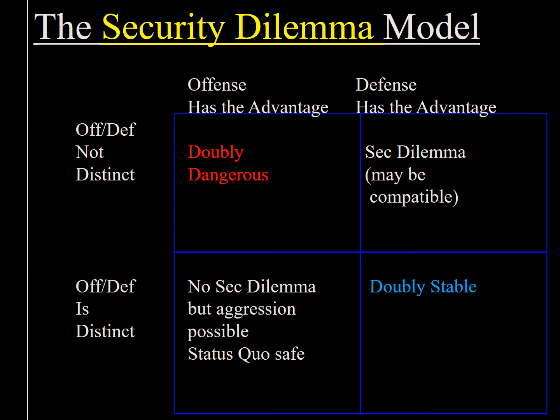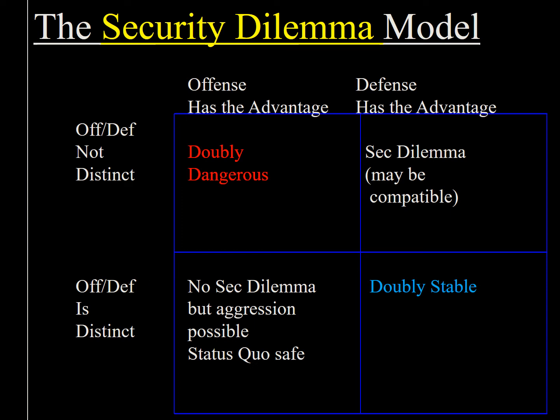So here we have the security dilemma model with the variables that Robert Jervis formulated. If we look at the two columns, you have the question of which technology has the advantage, whether it's the offense or the defense, and this oscillates historically. Of the two rows, we have on the top row that offense-defense is not distinguishable.